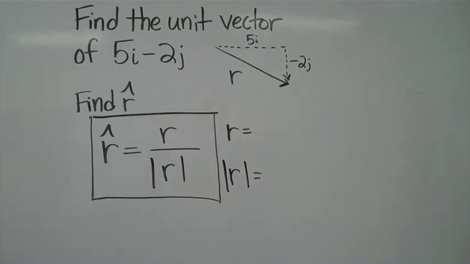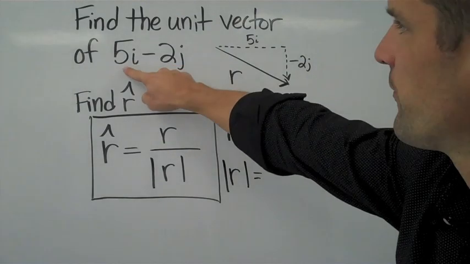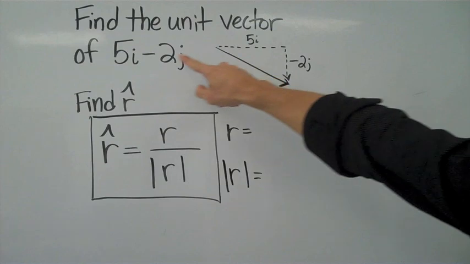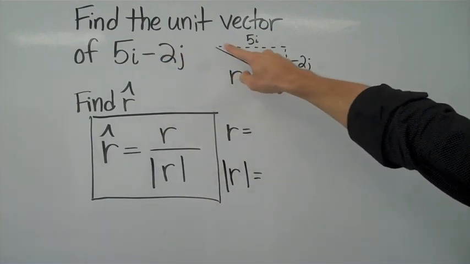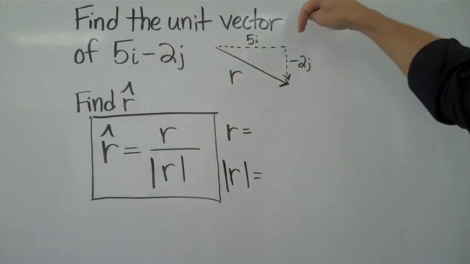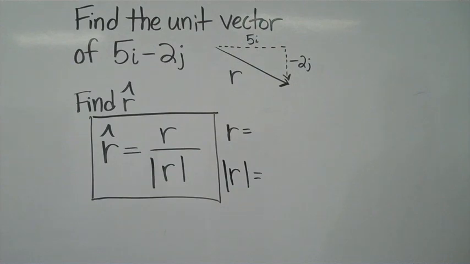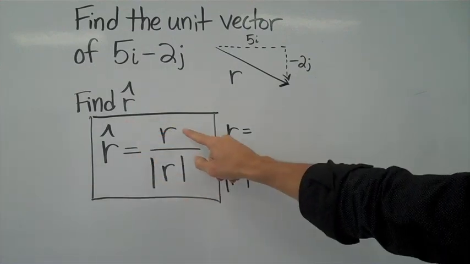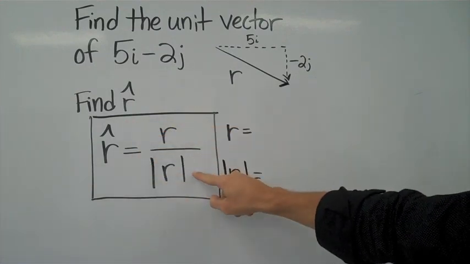Let's do an example of finding a unit vector. If I have a vector r defined as 5i minus 2j, here's my vector r. Its components are, in the x direction, 5i, and in the y direction, negative 2j. Find the unit vector r hat. Well, here's our formula we need to know. r hat is equal to the vector r divided by its magnitude.